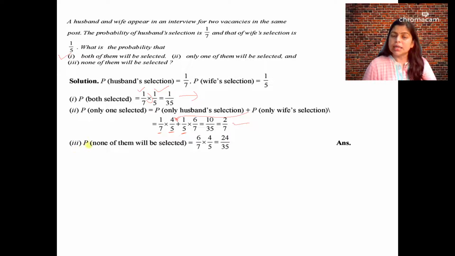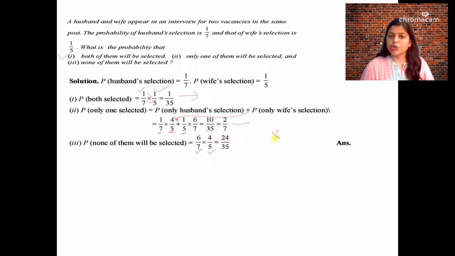The third is that none of them will be selected. So neither the husband is selected nor the wife, here you can use the fact that the husband is not selected and the wife is also not selected. So for this and or, you have to use these symbols.